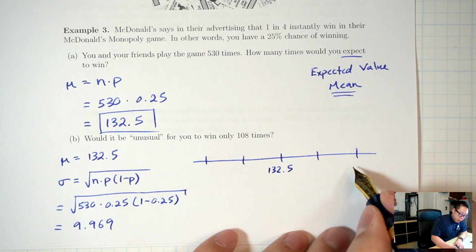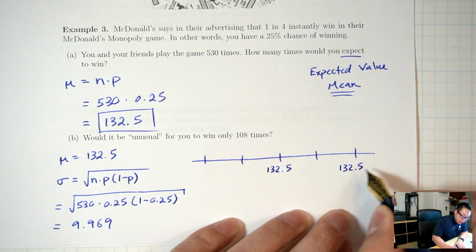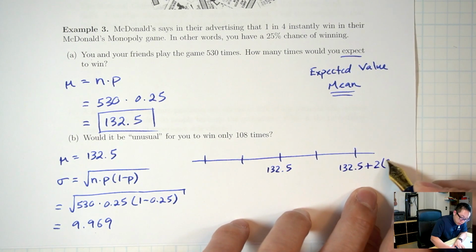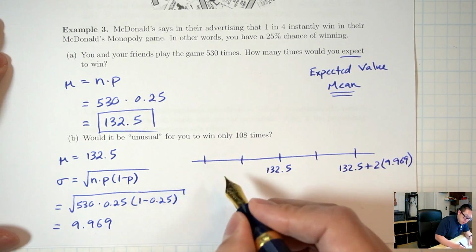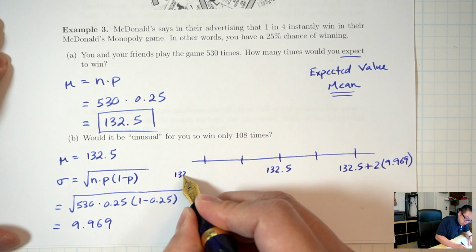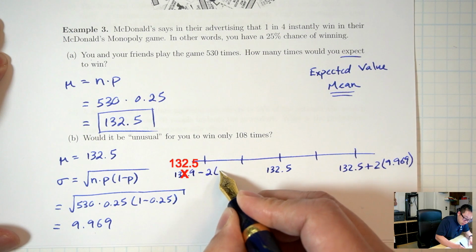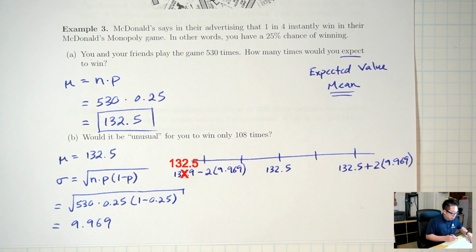So to jump directly to 2 up, you just do 132.5, the mean, plus 2 times the standard deviation, 2 times 9.969. And to go to 2 down, start with the mean, 132.5 minus 2 times the standard deviation, 9.969.